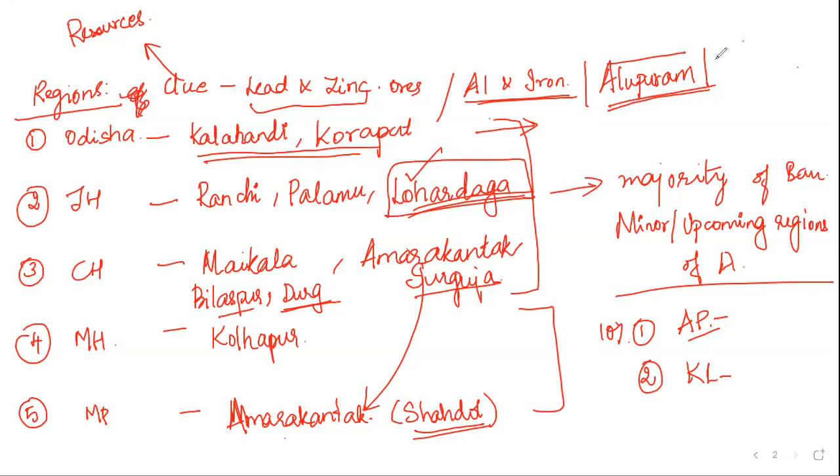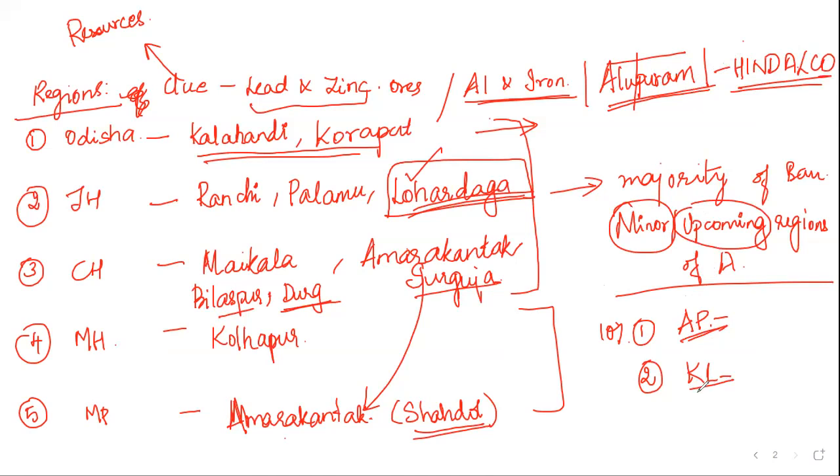Alupuram is actually, in fact, the name they gave it because of the excessive aluminium production there. And there you have the most famous Hindalco. Okay, we will come to that later. But right now, remember this: minor regions are there, and certain upcoming regions are there. The first is Andhra Pradesh, then comes Kerala.